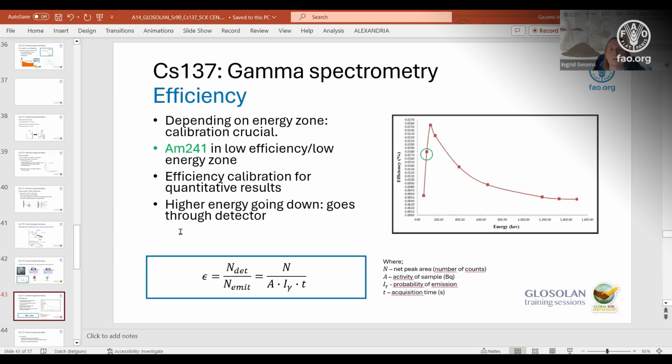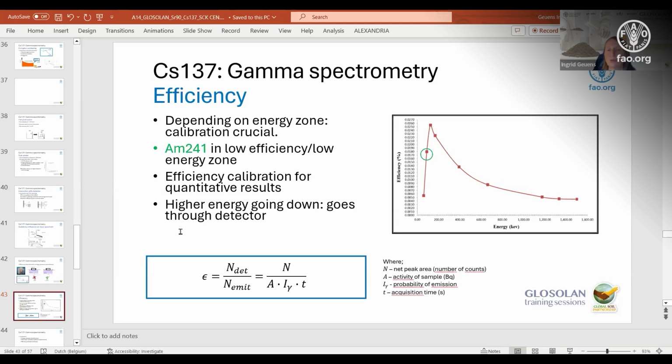In the graph, you can see the efficiency versus the energy. In the beginning, the efficiency is very low. For example, in the region of americium 241, you have low efficiency in the low energy zone. It goes up, but at a certain moment, it goes down again.